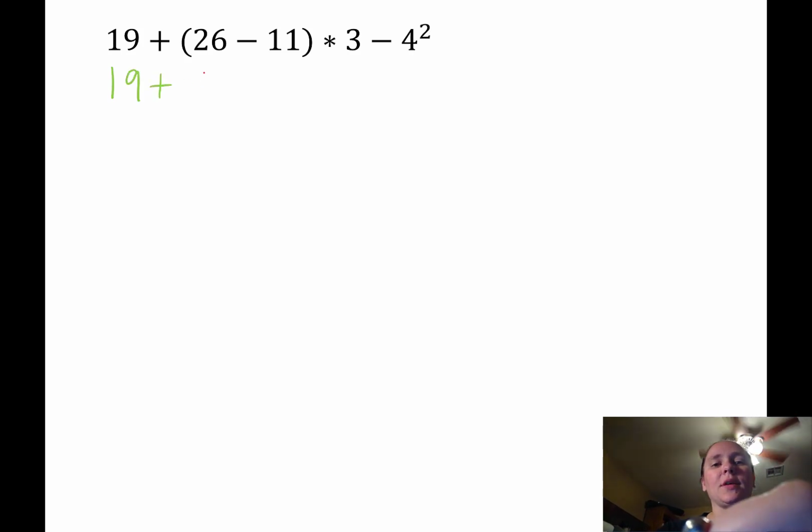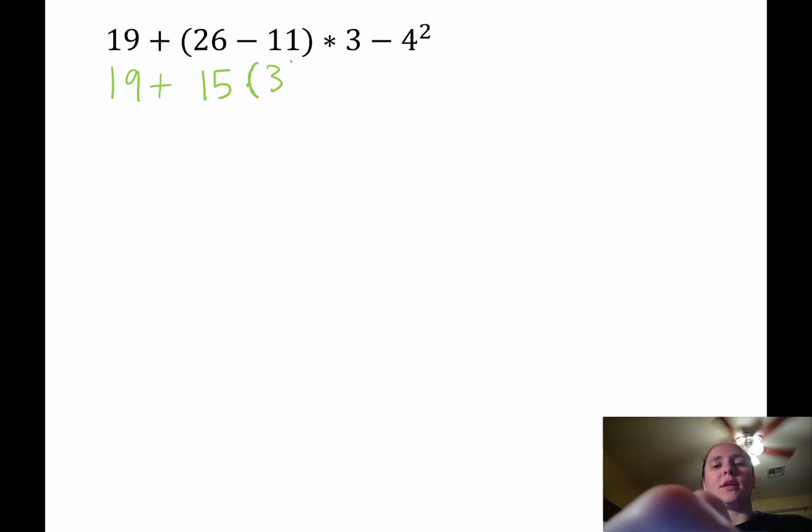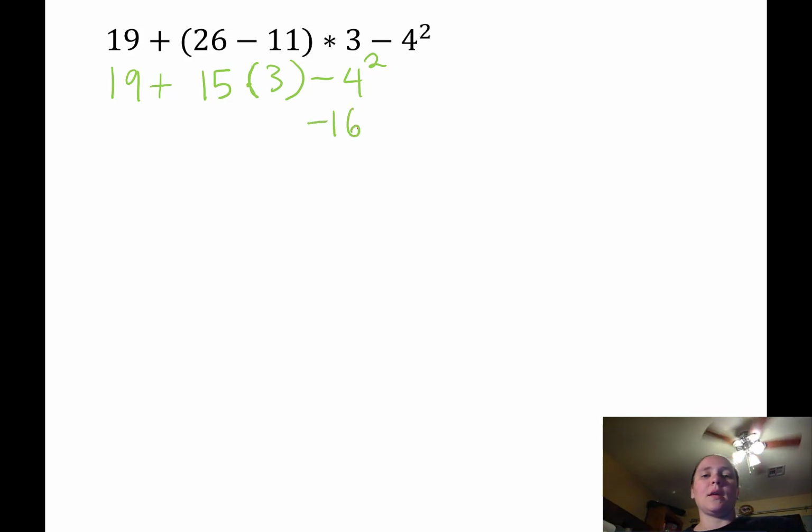So I get 19 plus 15 times, now I'm going to use parentheses now for times, just because that's what we are going to use pretty much through the rest of algebra. Then I have minus 4 squared. All right, I'm going to work the exponent out next, which is 4 squared. Okay, that gives me 16.